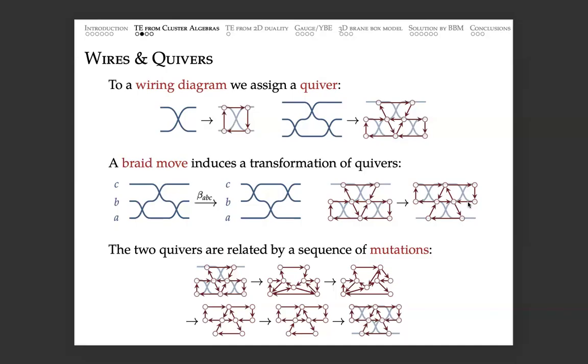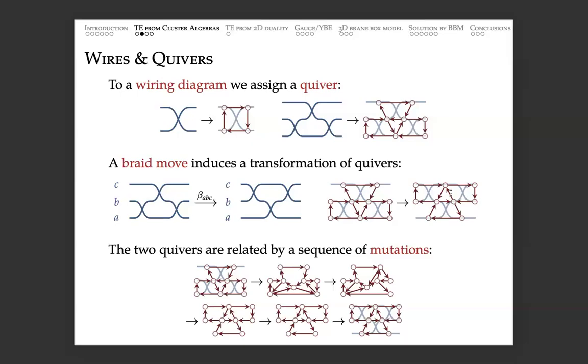What I found with Xiaoyue was that, well, actually this has been known from works on the gauge YBE correspondence, these two quivers are related by a sequence of mutations. A mutation is an operation you can apply to a quiver that changes it from one quiver to another.